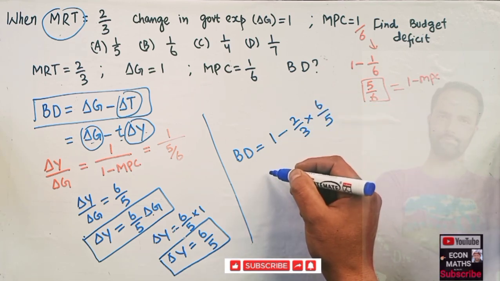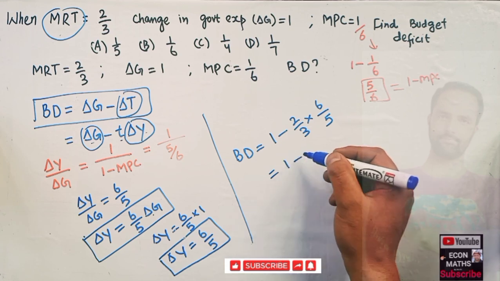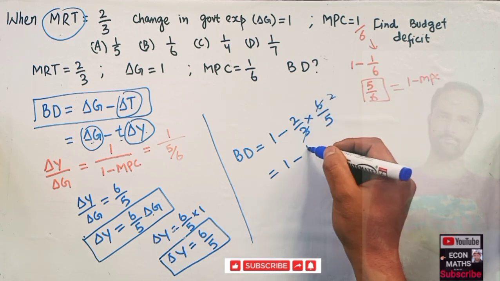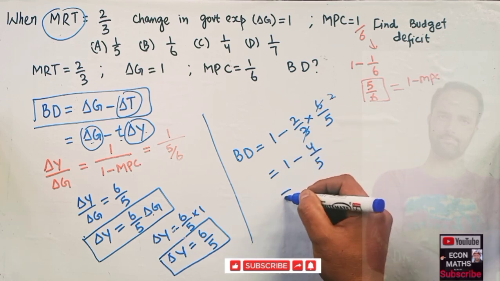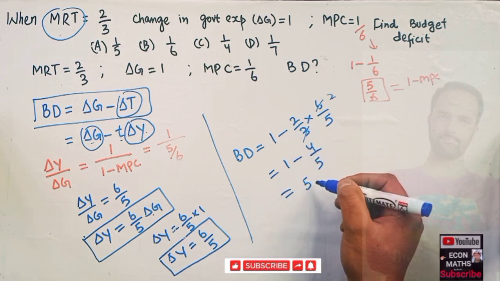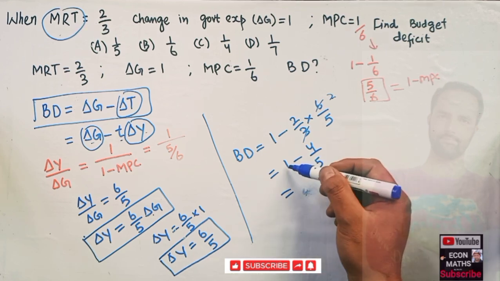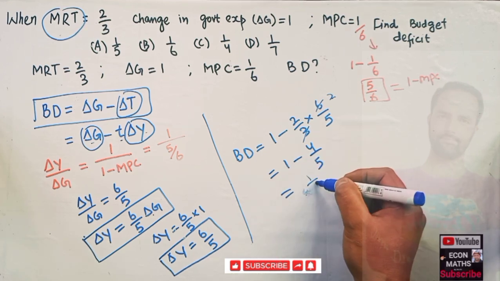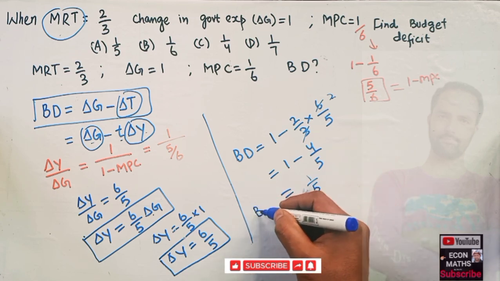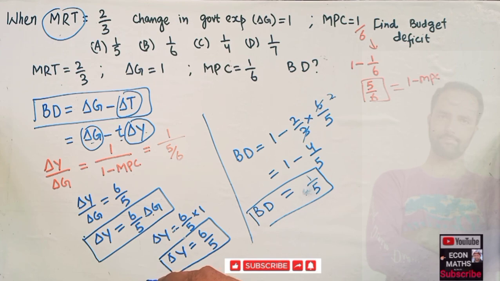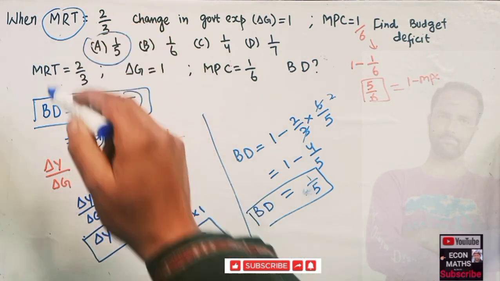So this is 1 minus, 3 ones are 3, twos are 6, 2 twos are 4 upon 5, 4 upon 5, which comes out to be 5 minus 4, 1 upon 5. That means our budget deficit will be equal to 1 upon 5. I guess this option should be correct.